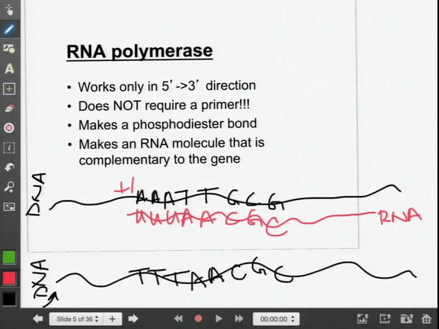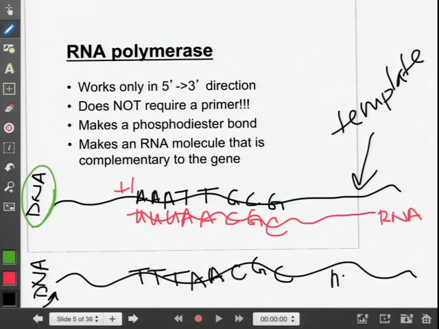Anything that's complementary to the same strand, they're both complementary to this guy, which means they have to be exactly the same, except the RNA's ribonucleotides and the DNA's deoxyribonucleotides. Right? There's no other way for something to be complementary to the same thing and then be different by the rules of base pairing. So we would call this one the template strand, and we would call this one the non-template strand.